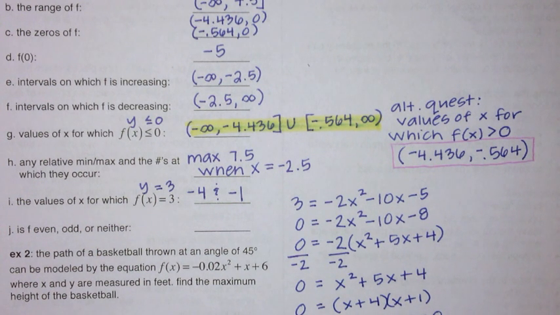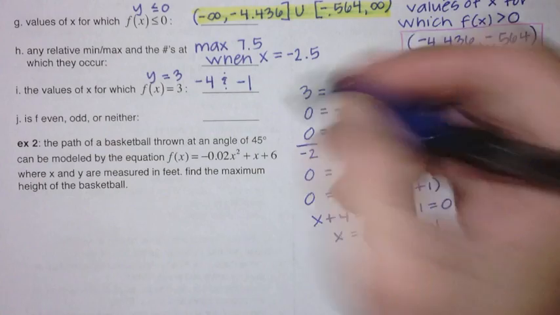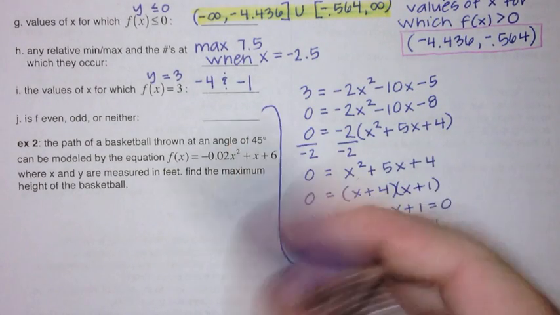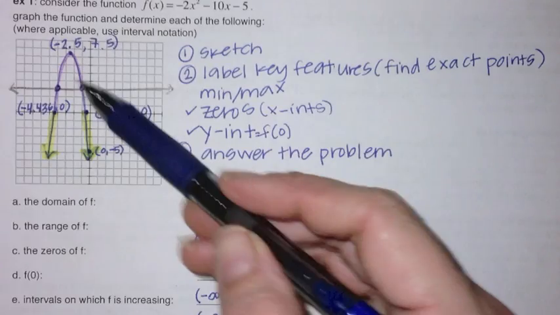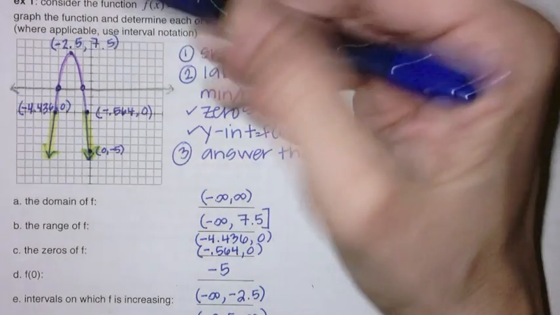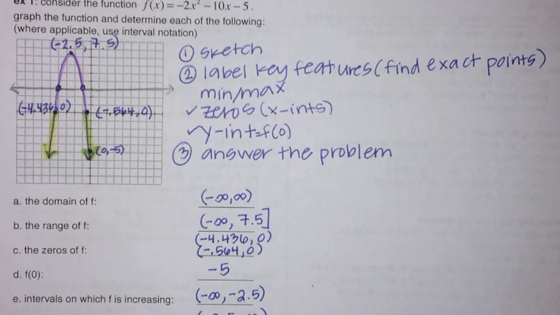Okay? Next question says, is f even, odd, or neither? So also a review of yesterday, or 1.3c. If you don't remember that, you can check out that video. So I can tell from the graph that this is neither. Remember, if it's even, it would have symmetry with respect to the y-axis. This doesn't.